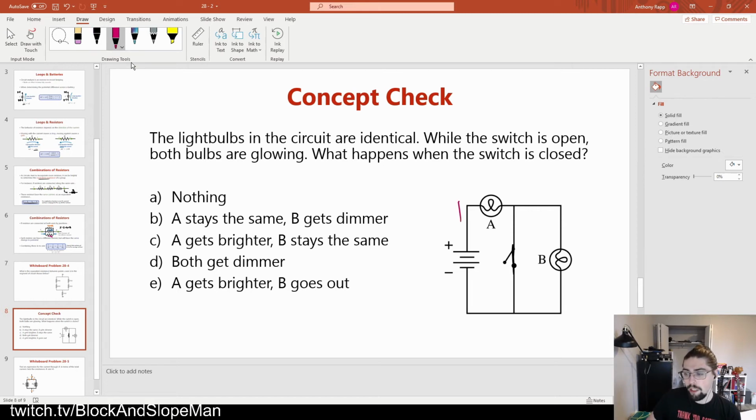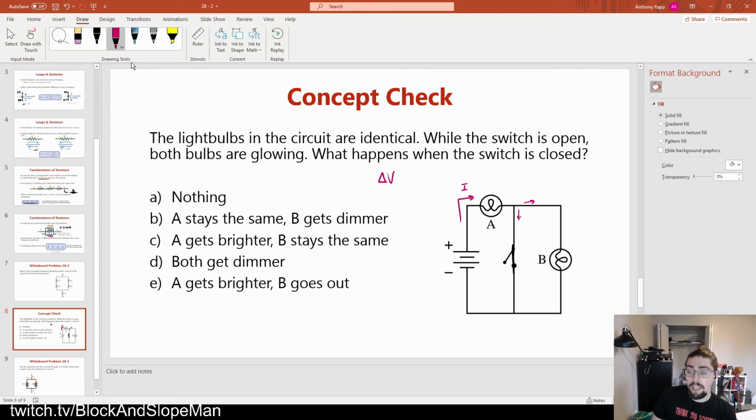current comes from the battery. It gets split up between these two paths now. The resistance that I had was whatever the resistance from this light bulb was. But by adding a second path, whether or not there's another resistor there, the total resistance has gone down. The total resistance of this circuit has gone down, and that means that the current is going to go up.